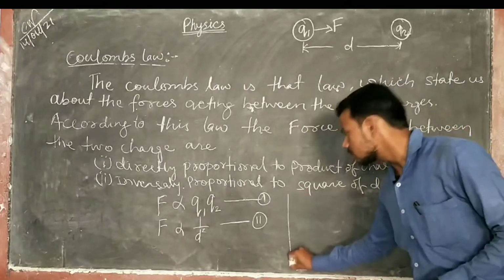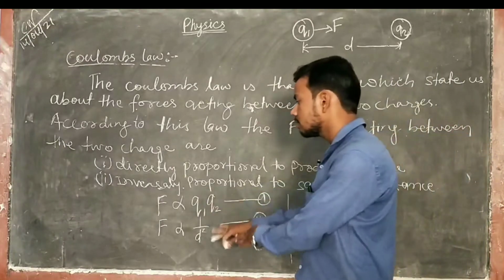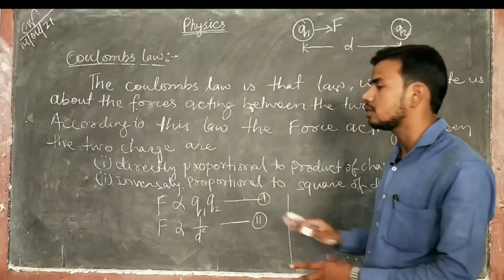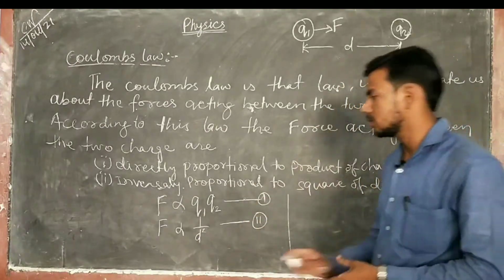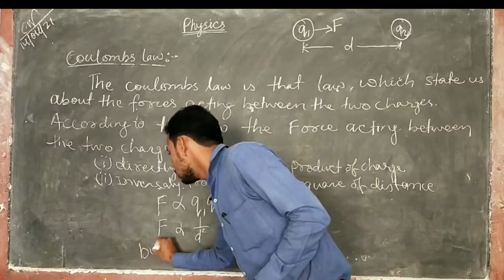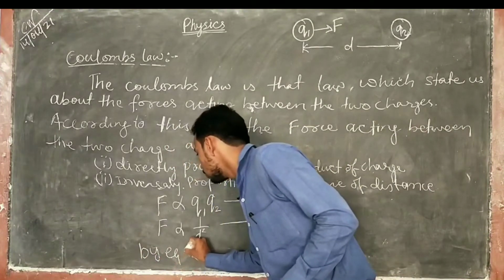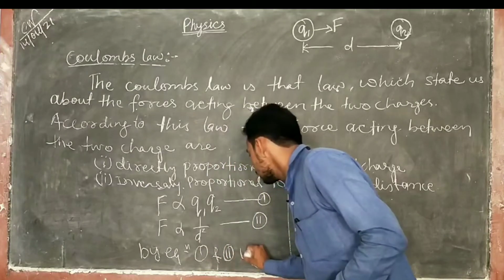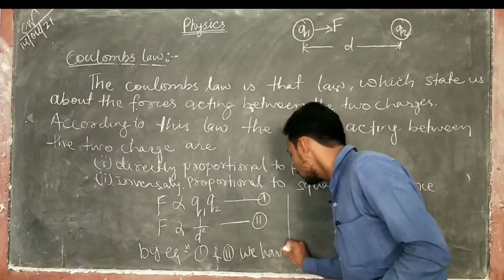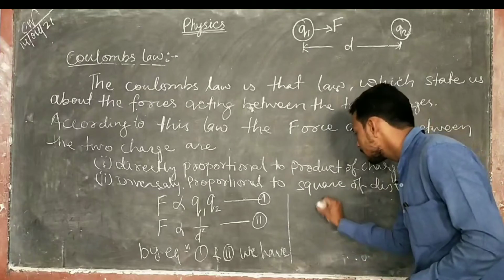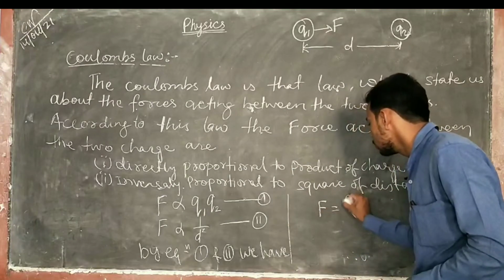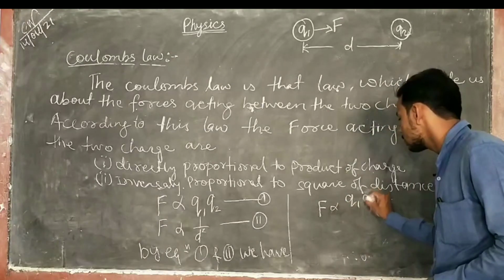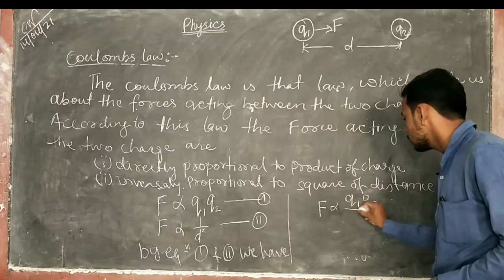Now students, suppose we are merging equation 1 and 2, what will we get? By equation 1 and 2, we have F proportional to Q1 Q2 upon d square. सॉरी, इक्वल टू नहीं, अभी तक प्रोपोर्शनल रखेंगे इसको, इसके बाद इक्वल टू करेंगे.